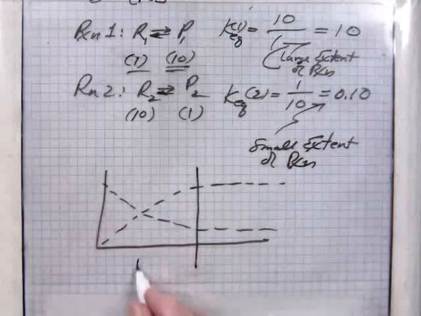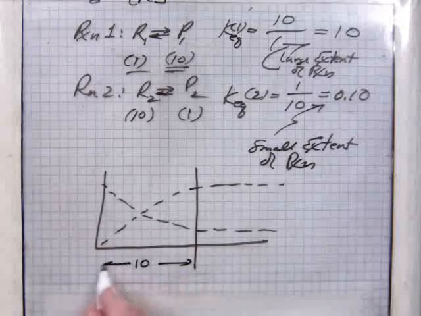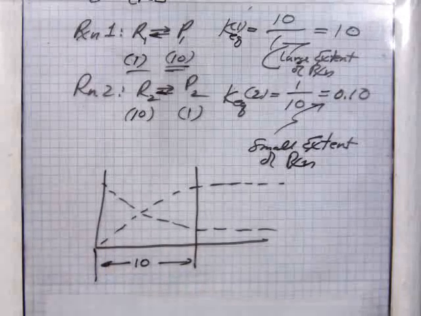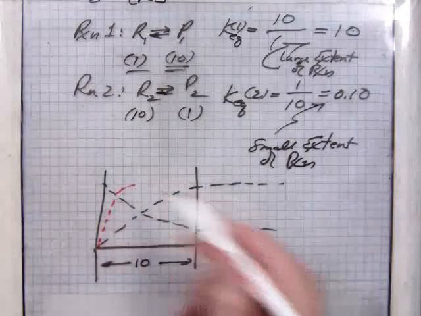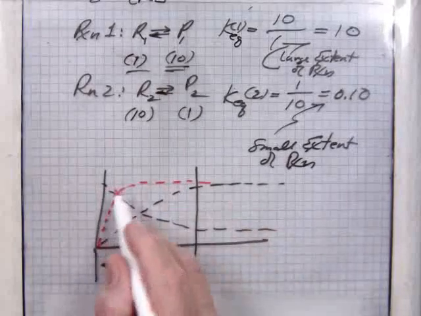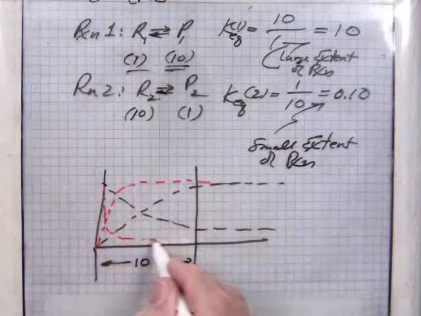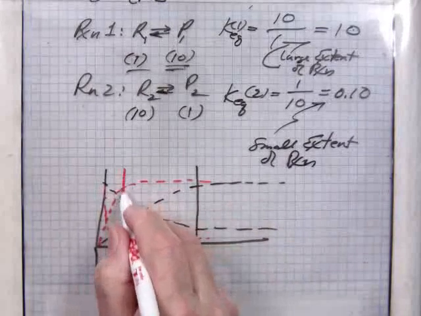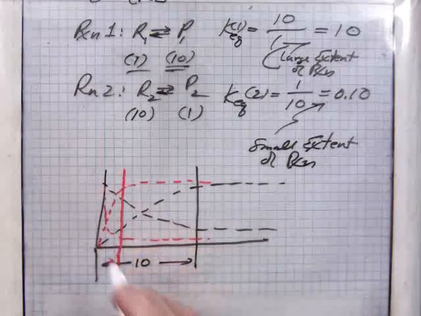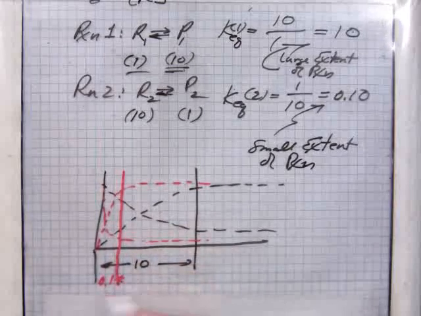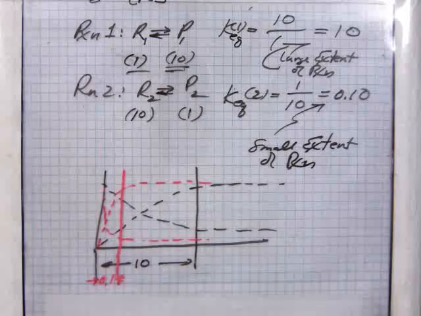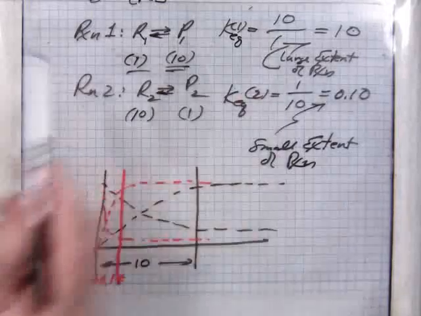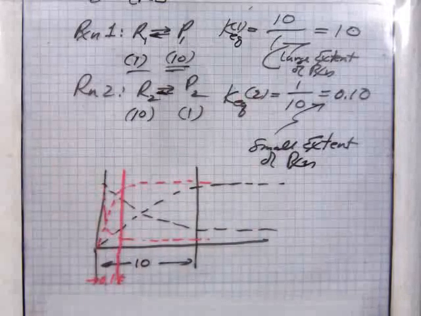Say this extent of reaction is a 10, whereas reaction 2 is 1/10 of that. So you would have your extent of reaction at 0.1 right here. So that's what this equation is doing: this relationship in mass action is telling you what that reaction is doing in terms of its performance under the conditions specified.